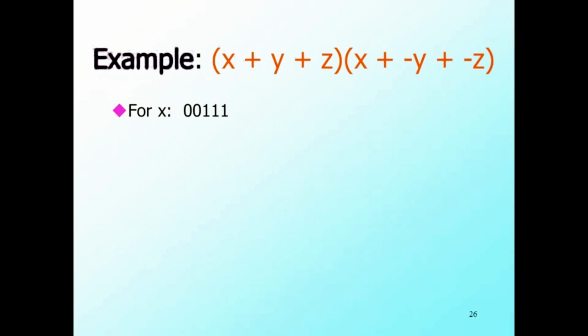Okay. First, consider the literal x. There are three variables, so the first three positions correspond to the variables. X is the first, so its position is at the left end of the first three positions. That's here. Thus we see a 1 there and 0 in the first two positions.